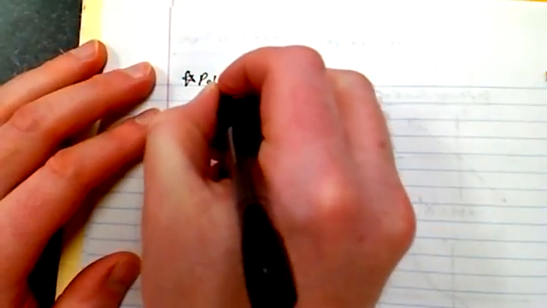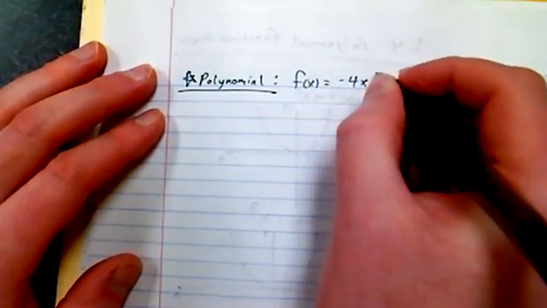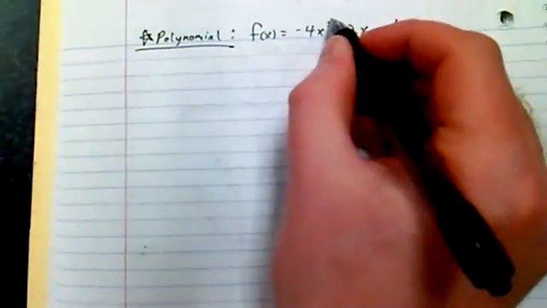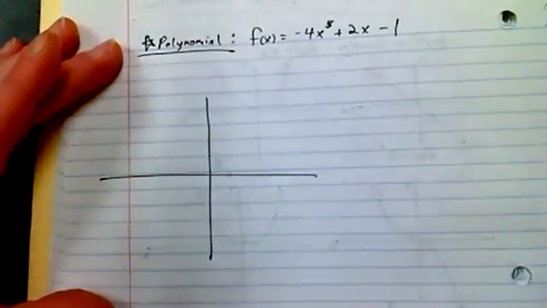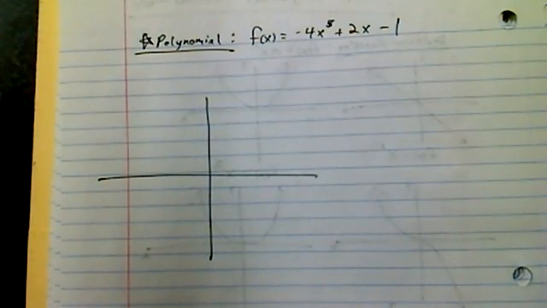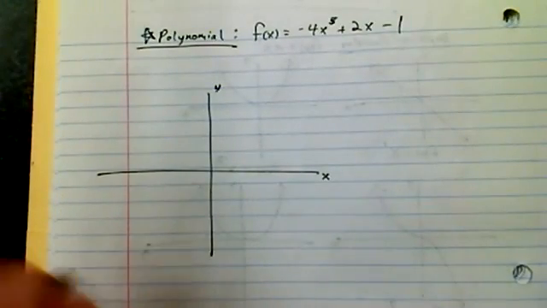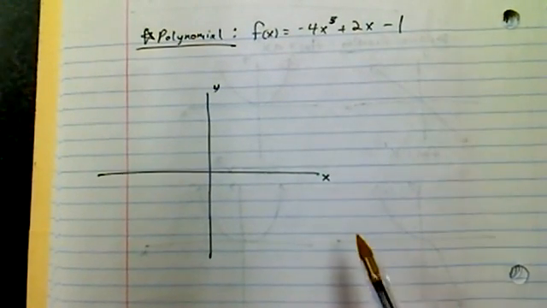Well, let's look at a polynomial function. If I have something like this, f of x equals negative 4x to the fifth plus 2x minus 1, well, as x gets very large, or as x gets very large negative, so as we go really far this way or this way, think about what term is taking over, which one's most relevant.